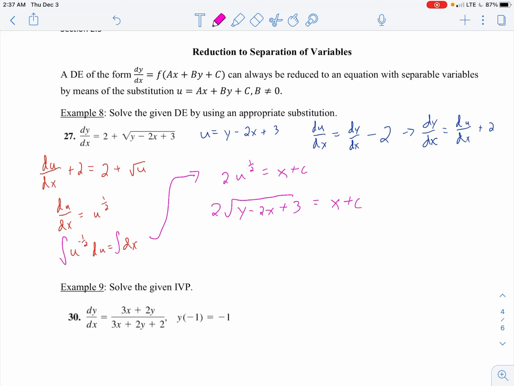But we're not trying to solve this explicitly, so we're okay right here. Once we have everything back in terms of x and y, and we've gotten rid of our differentials, we're finished, we're solved. So that's it for example 8 and how to do reduction to separation of variables.